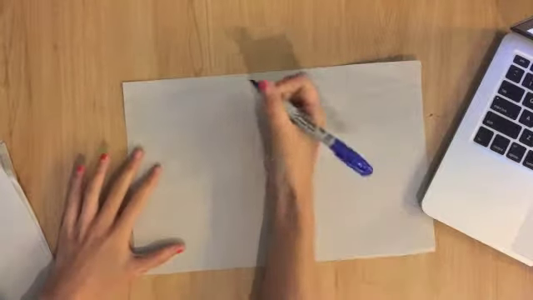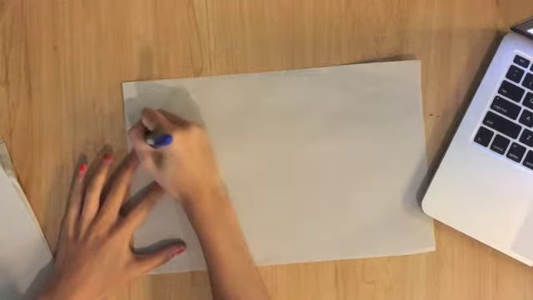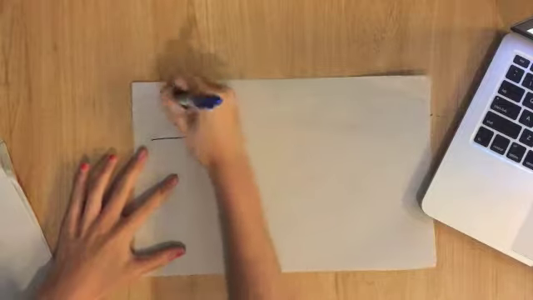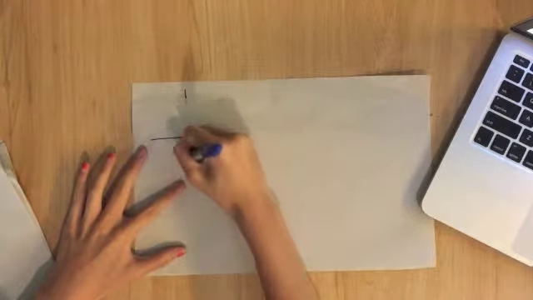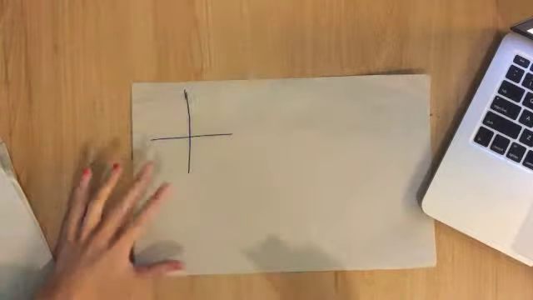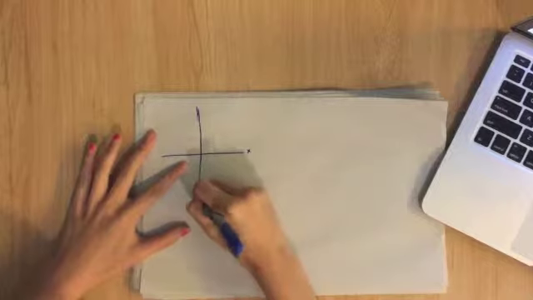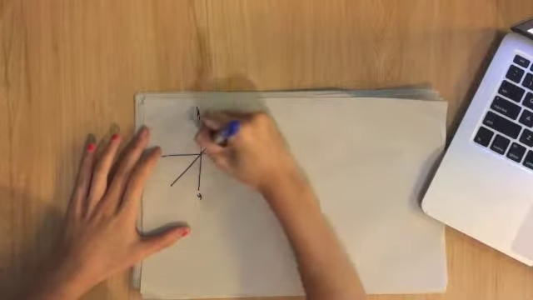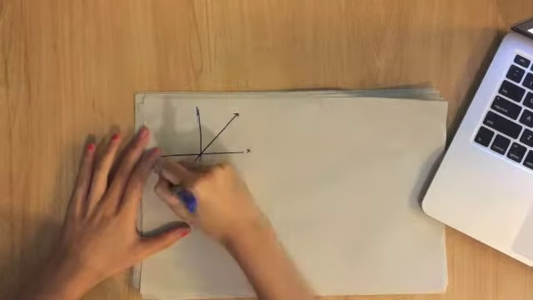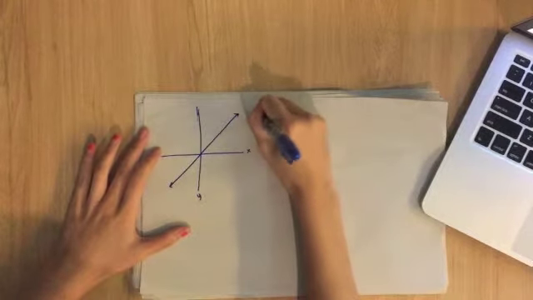So just to begin, this will be probably a really easy review for you all. So here's your x-axis and your y-axis, and you have the line y equals x.